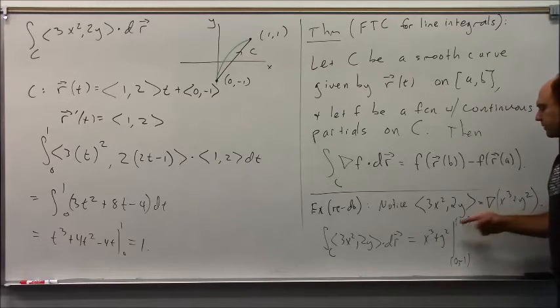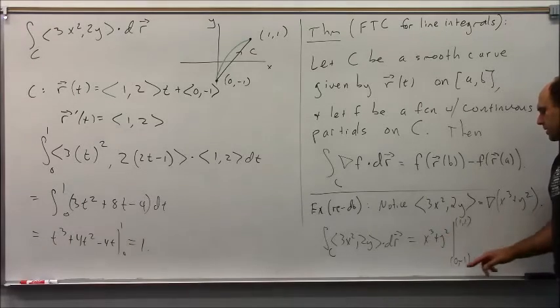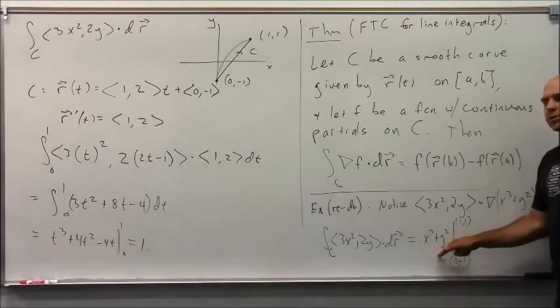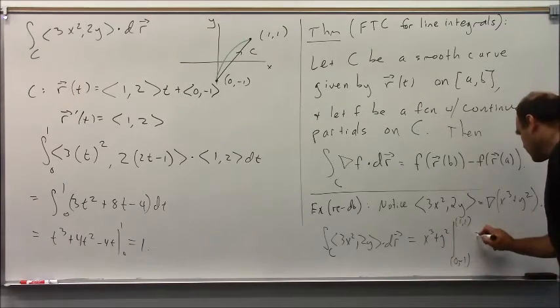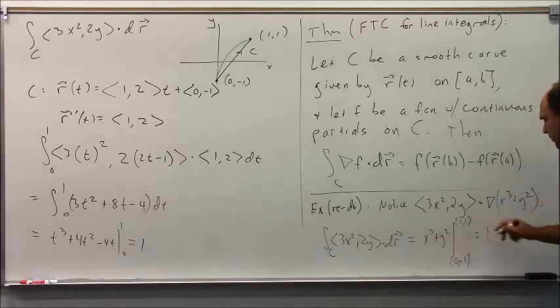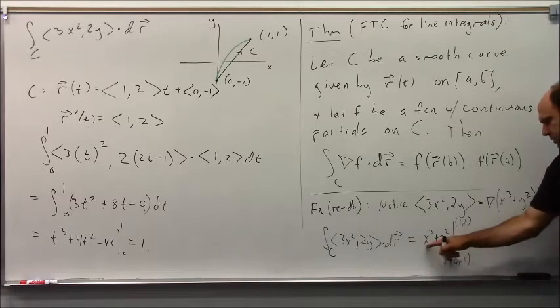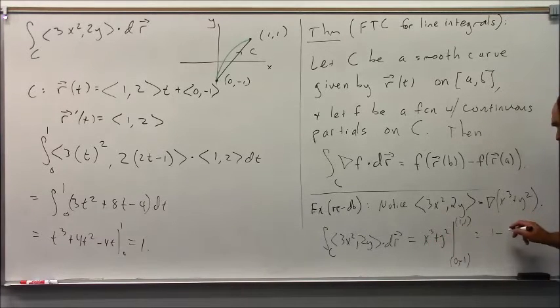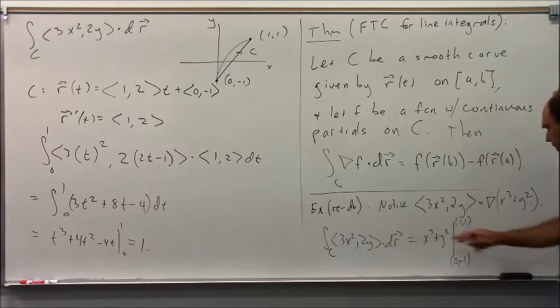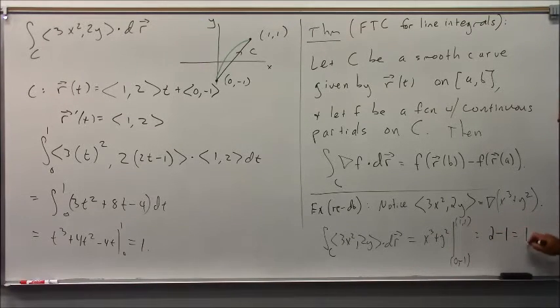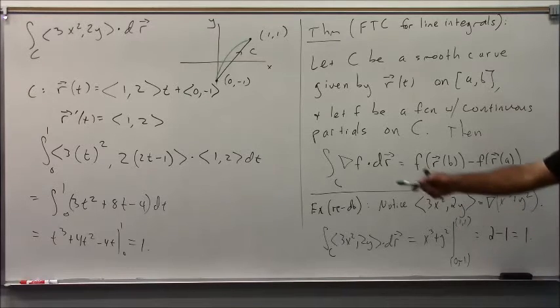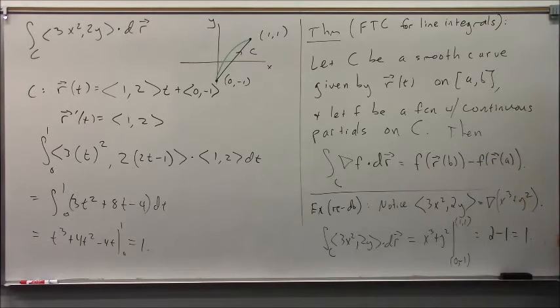Plug this point into the function, and plug the lower point into the function, and subtract. So here I get 1 cubed plus 1 squared, minus 0 cubed plus (-1) squared. Oh, sorry. 1 plus 1 is 2, and then minus the 1. And I get the same number, 1, that I got when I parameterized the path.